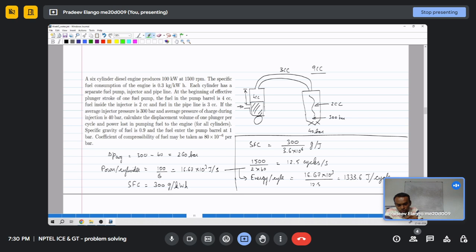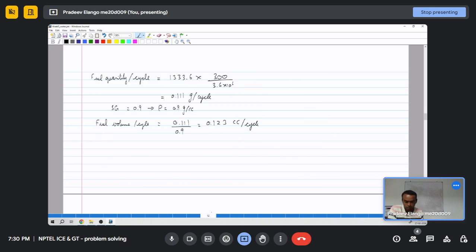So we need to calculate the displacement volume of one plunger per cycle. There is a compressibility factor given, and we know that this much fuel has to be delivered. The compressibility factor says delta V by V for a given pressure.